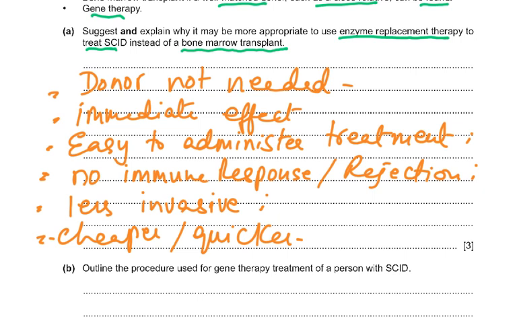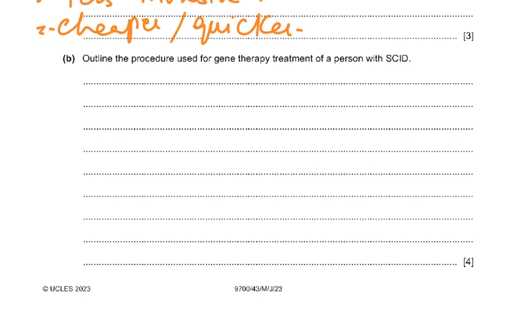Then coming to the B part of the question, outline the procedure used for gene therapy treatment of a person with SCID. First, you give them a drug to increase the number of stem cells in the bone marrow. Then you take a virus, which is a vector that will contain the normal healthy allele.